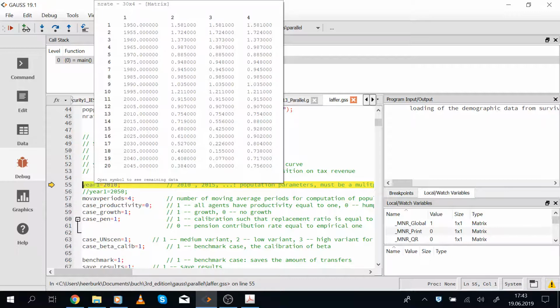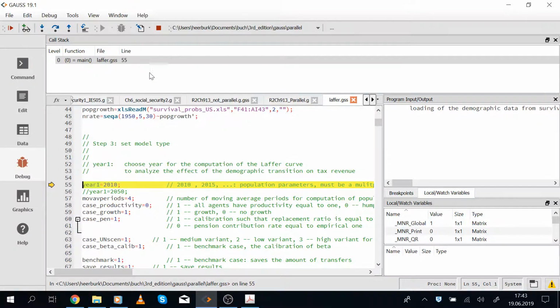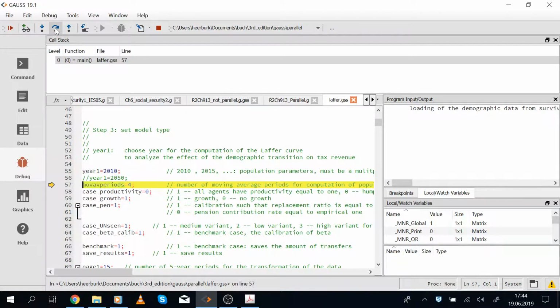And we have three scenarios here from the United Nations: the medium, low, and high variant. Of course, until the year 2015 they coincide because we can observe the data, and only after this they start to diverge because it's based on projections. You can read more about this in my book on public economics, where I describe some of the data in the 6th chapter.